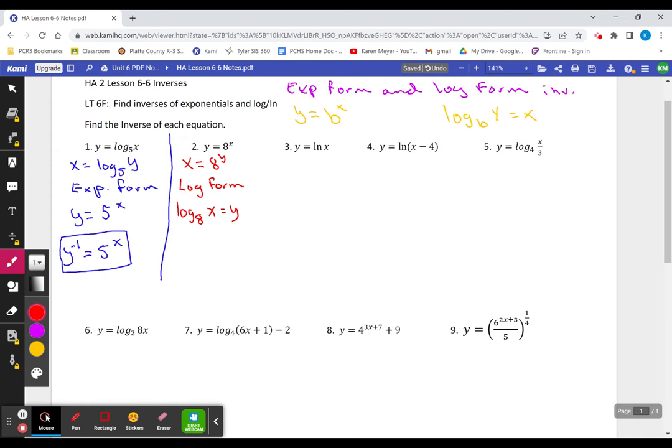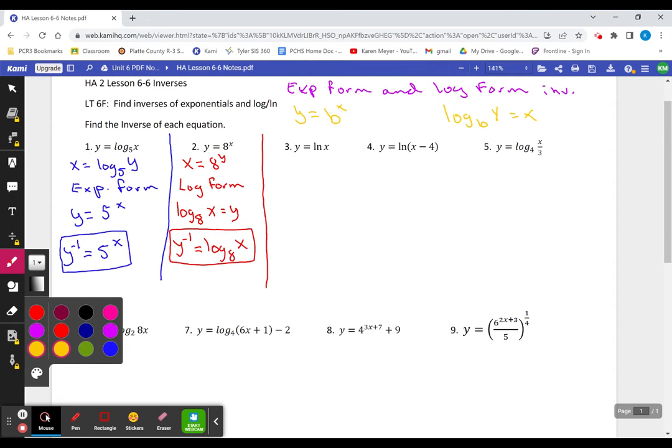And then you're going to notice y is by itself, so we are done. So the inverse equals log base 8 of x. And once again, you're going to notice that this problem started in one form, which was exponential, and ended in the other form, which is logarithmic.